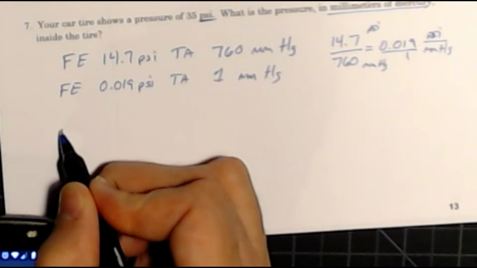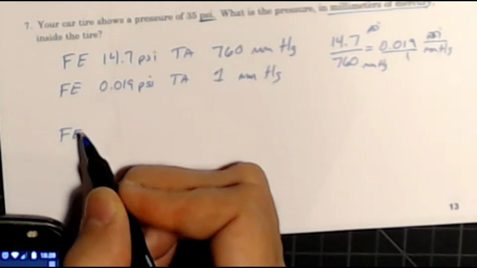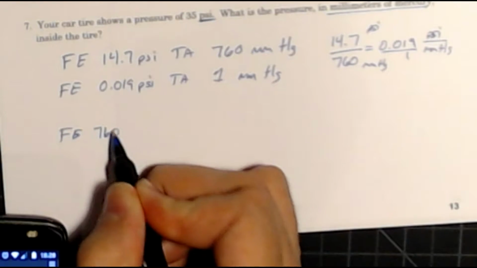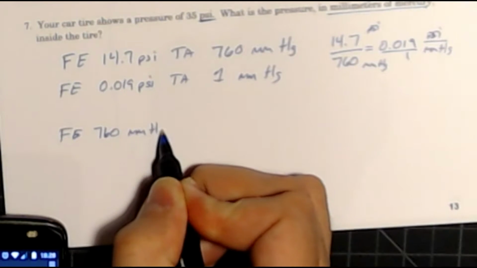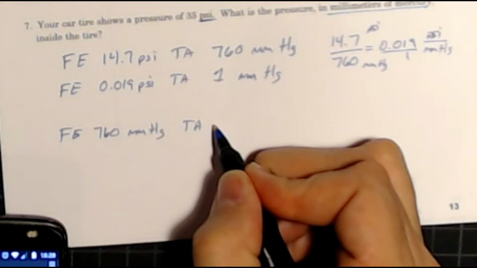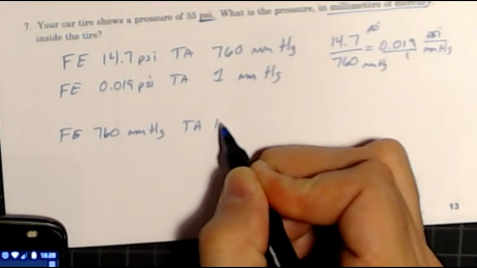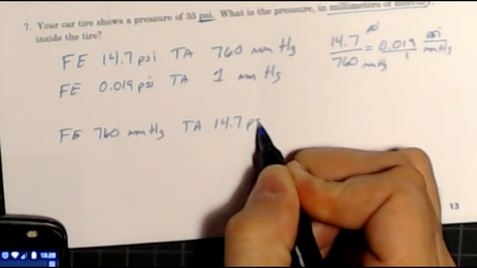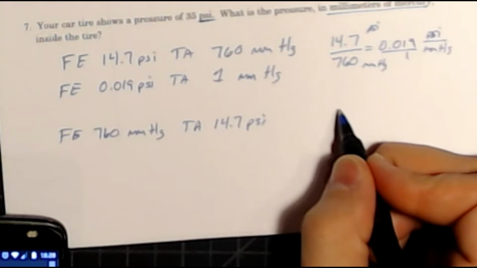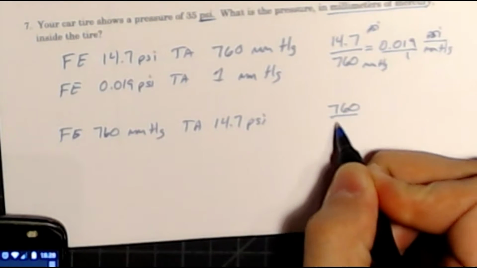So we can say for every 760 millimeters of mercury, there are 14.7 psi. And you can just flip this division and do 760 over 14.7.